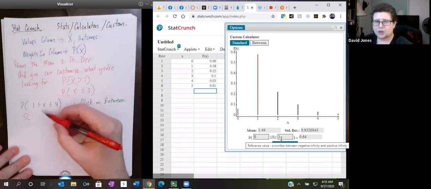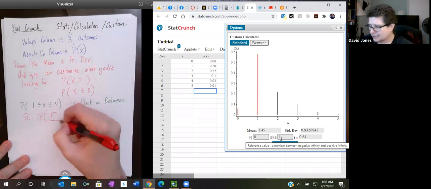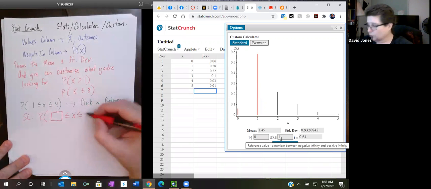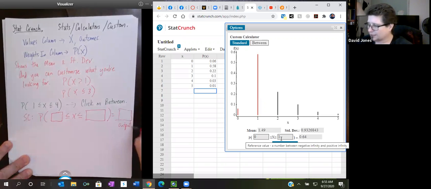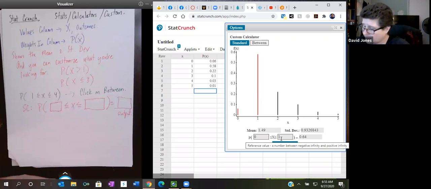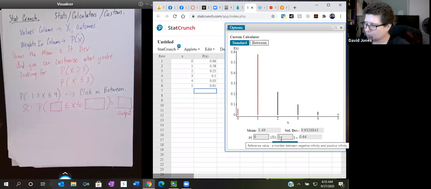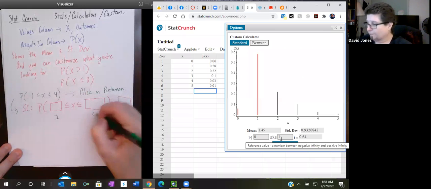When you click on Between, it shows this. Probability, it's got a box for entering. It says less than or equal to X, less than or equal to box. And then it has the output box. That's my output, tells me what the result is. Since I want 1 is less than or equal to X, less than or equal to 4, for this one, I'm going to put a 1 here, and I'm going to put a 4 here.